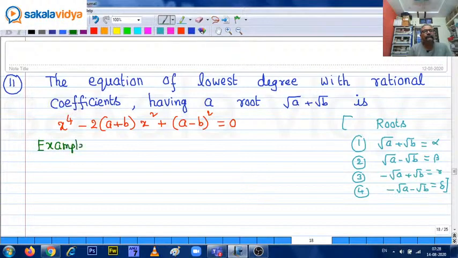Example. The question will be given like this in the examination.